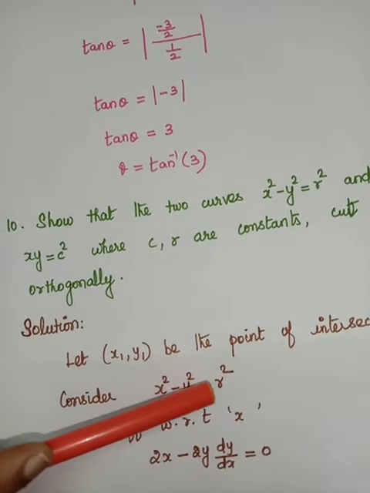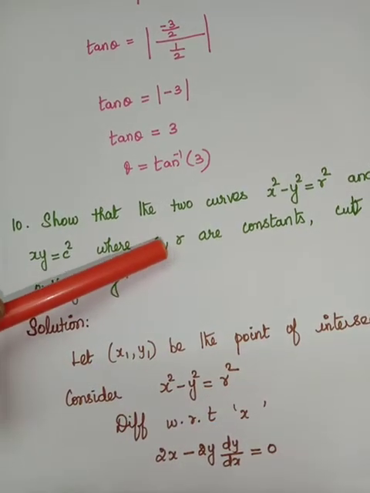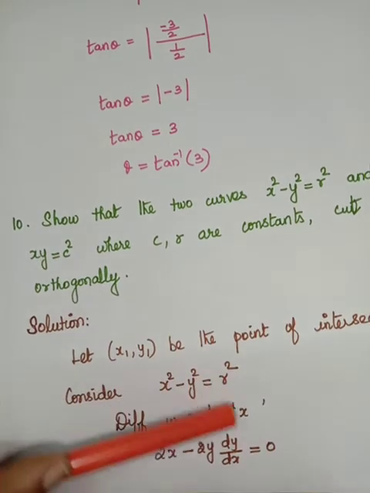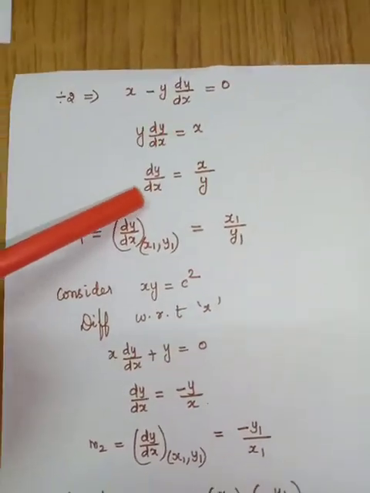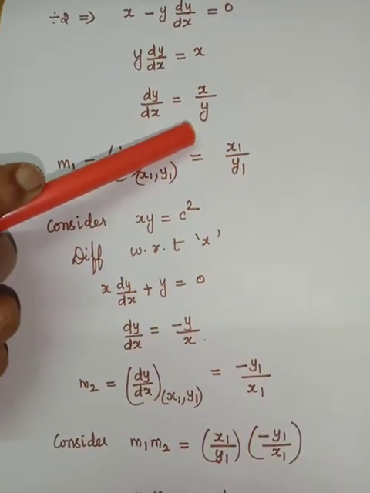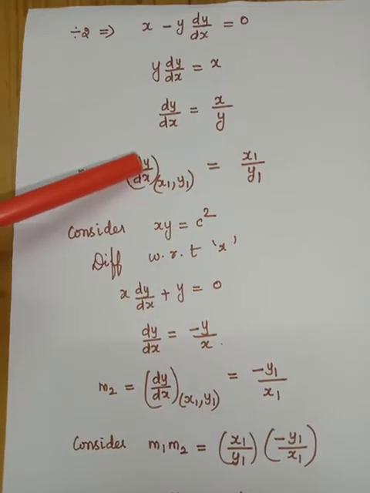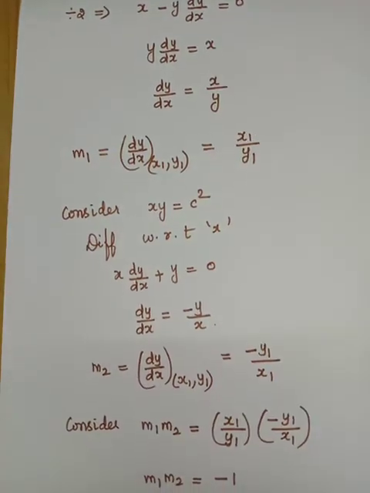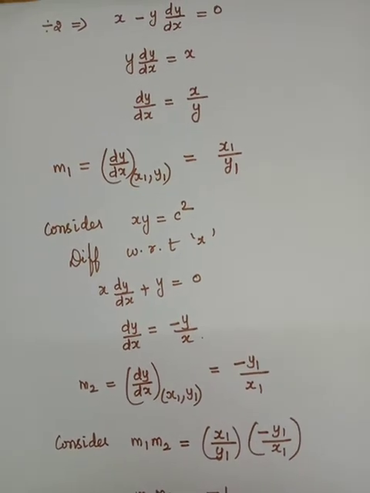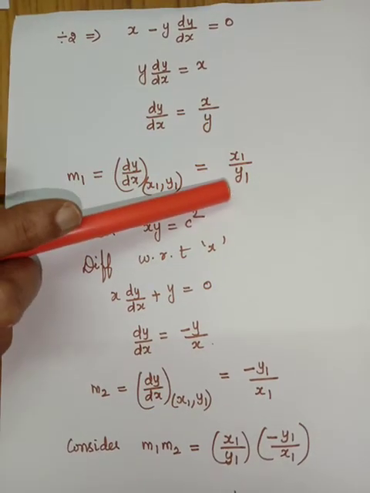Why it is 0? r is a constant, here it is given. So the differentiation of constant is 0. From this, if you arrange, your dy by dx is nothing but x by y. Okay, so m1 is what? dy by dx at x1 comma y1, because we have taken x1 comma y1 as the point of intersection. So this will become x1 by y1.